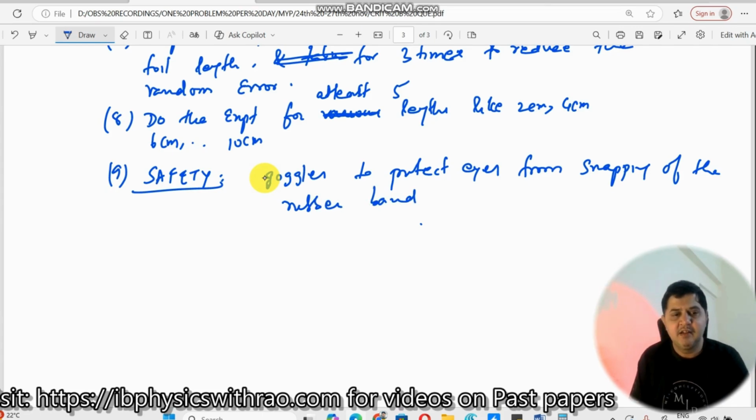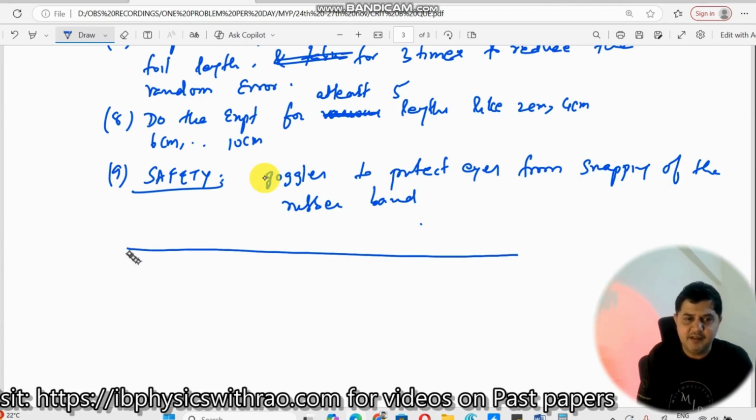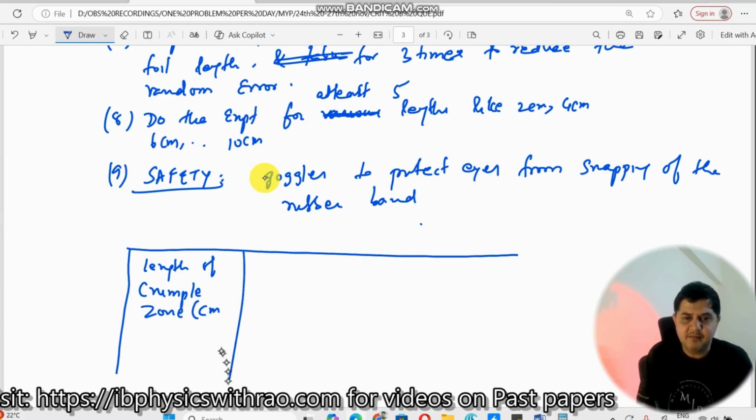Then finally, you need a table. The table looks like this over here. You can say length of crumple zone in centimeter.